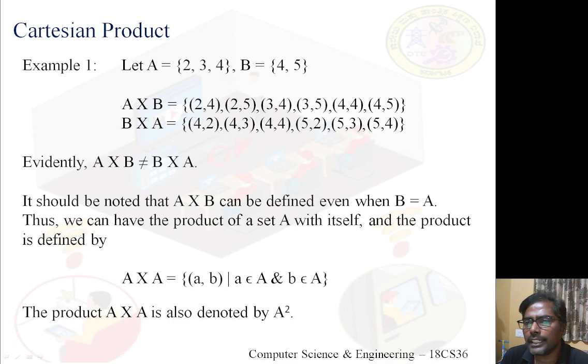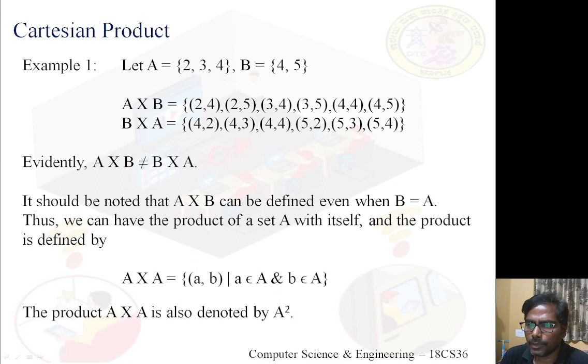And the second set is labeled B and it contains two elements 4, 5.